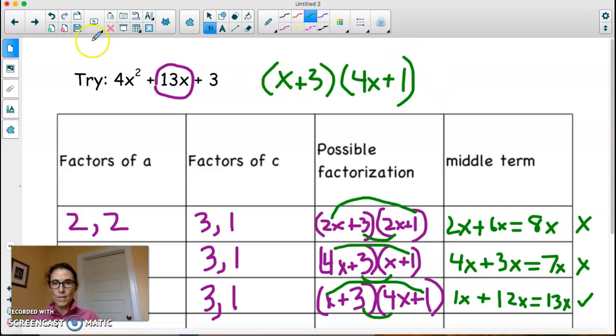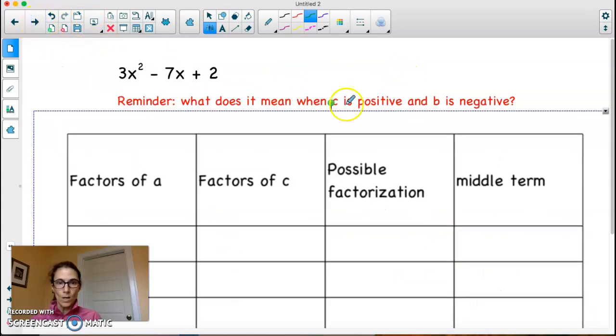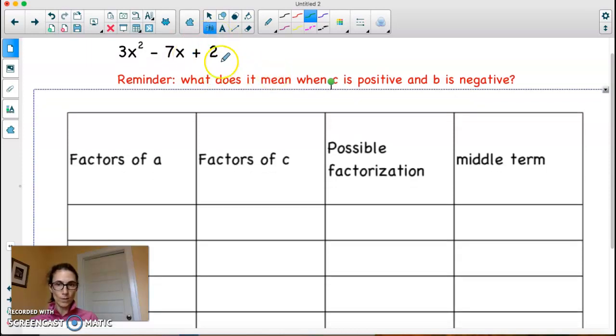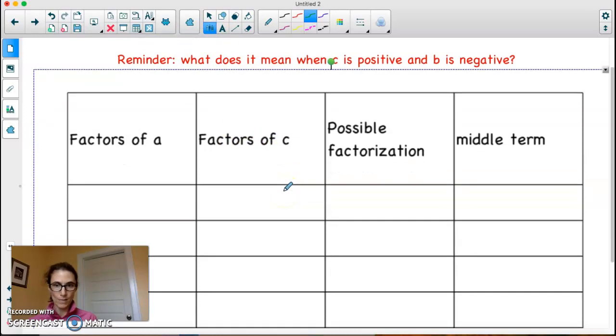Okay, let's try another example. This time we have a negative middle term. In order to get a positive number for C and a negative number for B, what we need are two negative numbers as our factors of C. The only way that can happen is if our factors of C are both negative numbers.